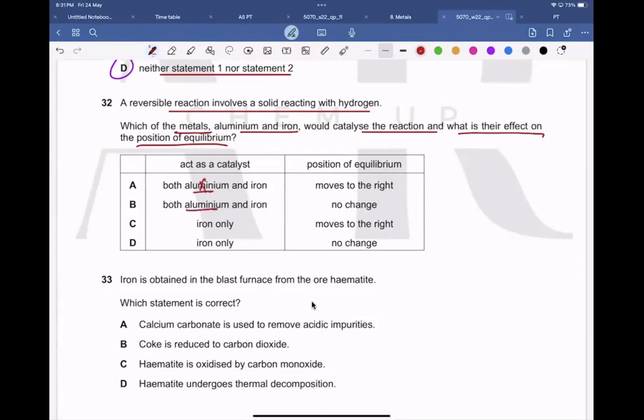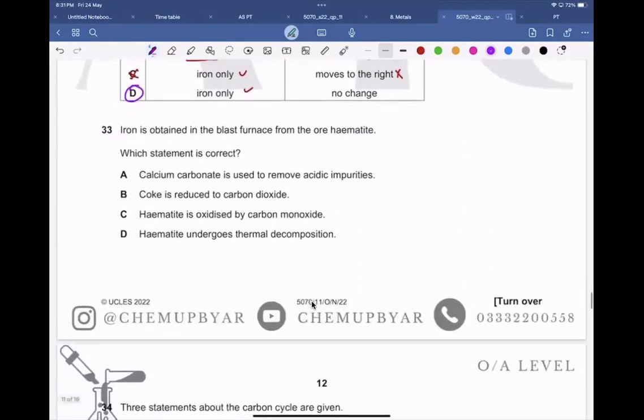Aluminum is not a transition element, so it's not usually used as a catalyst, so it's iron only. And a catalyst would not shift the position of the equilibrium, so C goes wrong. So D is the correct answer. A catalyst would increase the rate, but it does not affect the position of equilibrium, okay?